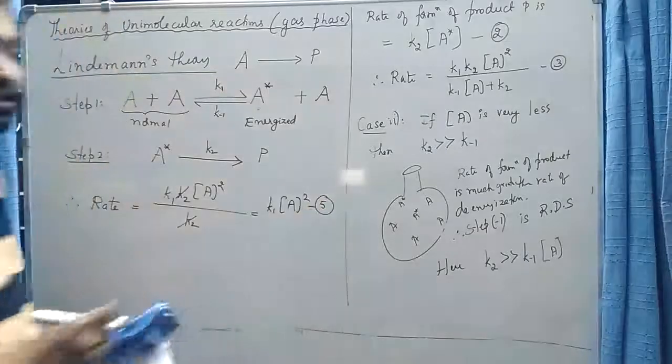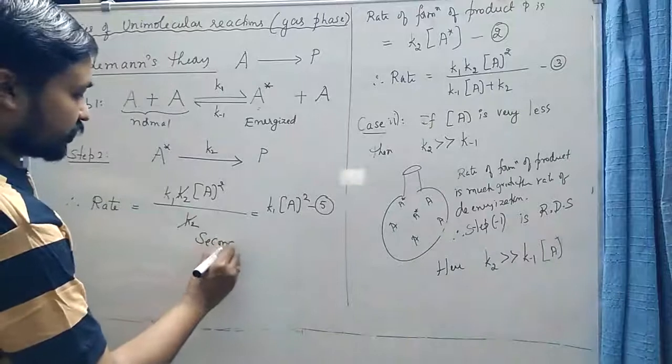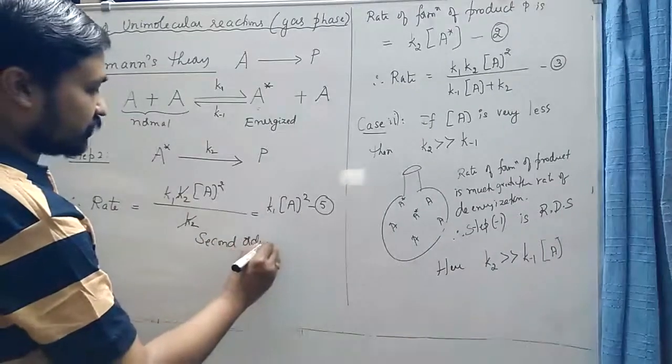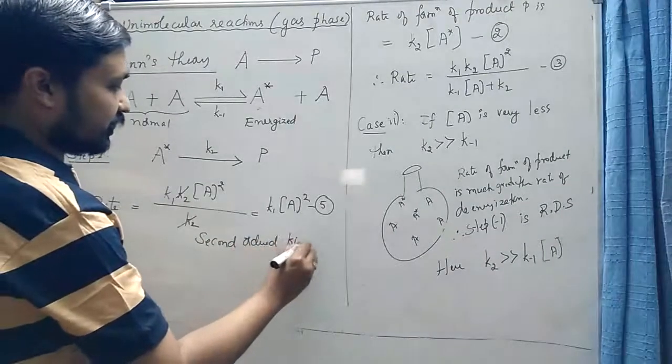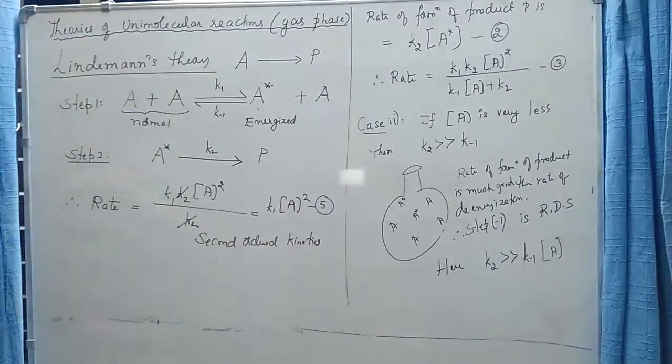Therefore, the reaction follows second order kinetics when the concentration is very less. So this is closely correlating with the experimental observation. I already told you most unimolecular reactions proceed either as first order or second order kinetics depending on the concentration of the reactant.